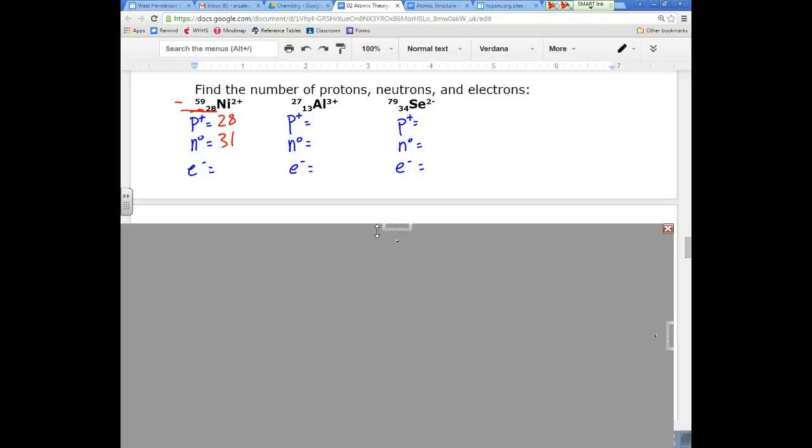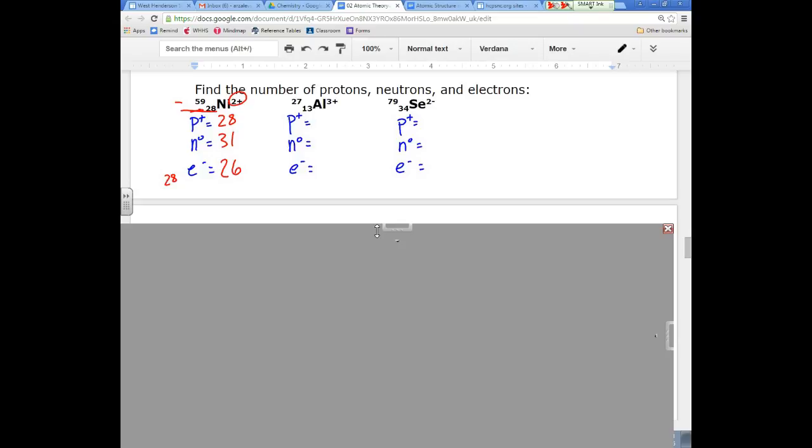And that's how we get our number of neutrons. Now, if it were an electrically neutral atom, we would have 28 electrons. But our charge tells us that we have gained or lost electrons. This is a positive charge. That means we have lost 2 negatively charged electrons. So remember, those electrons are negative. And so we've lost 2, which means that instead of 28, I'm going to have 26 electrons.